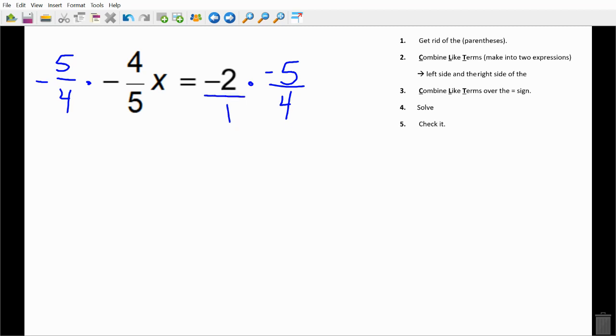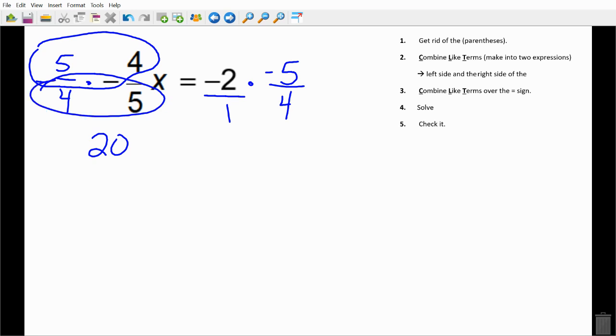It's on the top. Now we're just going to multiply across the tops, which is negative 5 times negative 4, giving us positive 20. We're going to multiply across the bottom. What is 4 times 5?